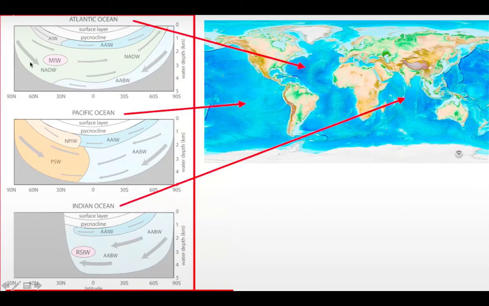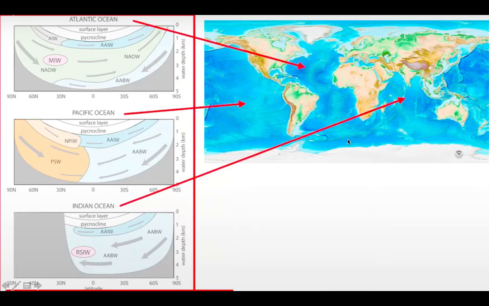Now, see, this MIW is Mediterranean intermediate water, which is warmer than North Atlantic deep water, and it is in a lens-shaped structure. I will describe why it is in a lens-shaped structure, why it is not all across the NADW. For this you have to know about this Mediterranean region.